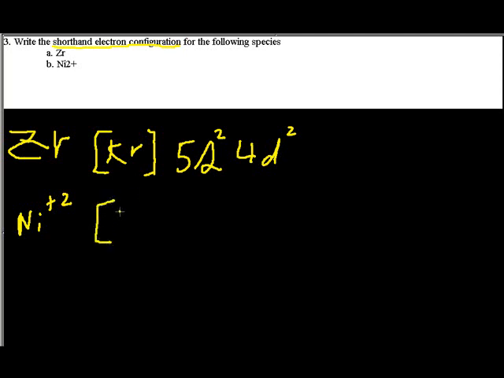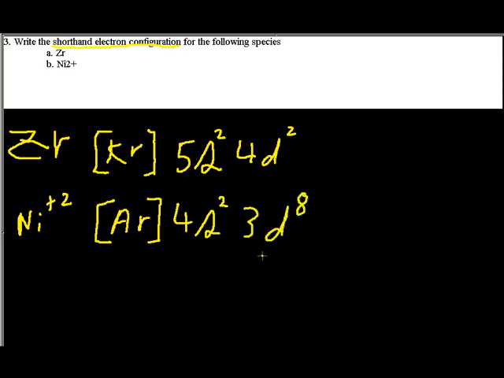So we put the argon right here. And what that says is the electron configuration of argon is already found in there. And now we're going to only deal with the configuration of the outermost shell. Now when we do that, we're going to have 4s2 and then 3d8.